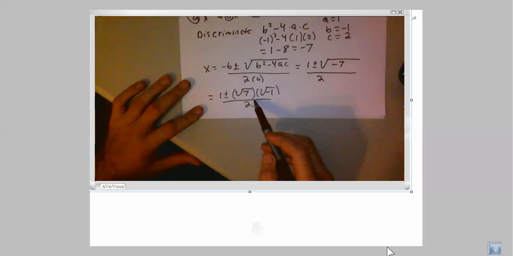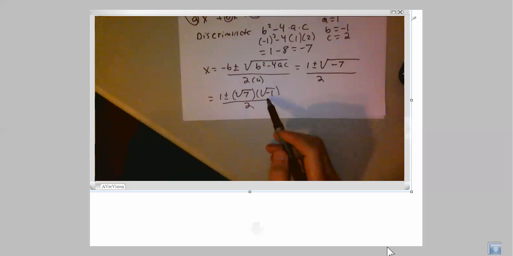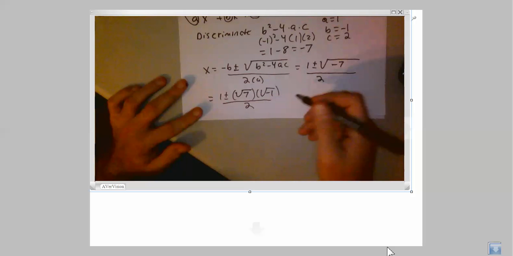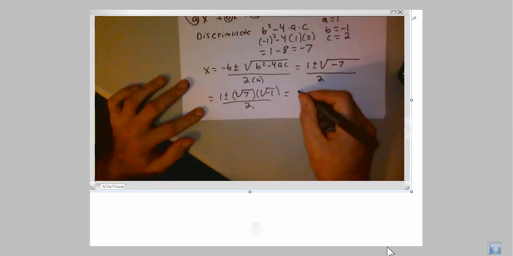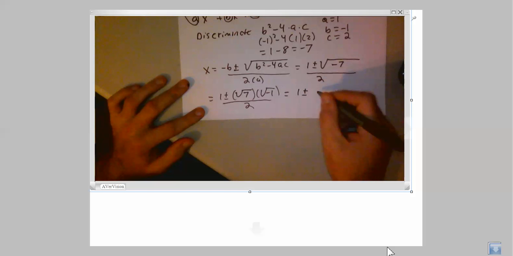Well, the square root of negative 1 is the imaginary number i. As defined, there's no square root for negative 1, so we just make one up and call it i. That's what's called an imaginary number. So this is equal to 1 plus or minus the square root of 7 times i all over 2.